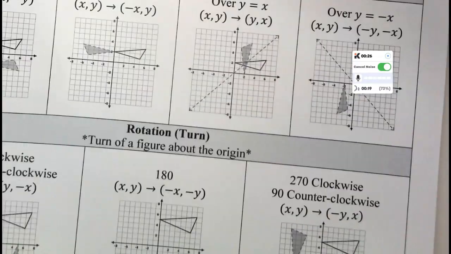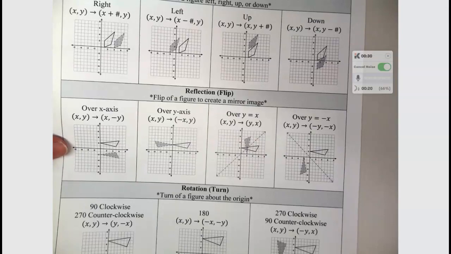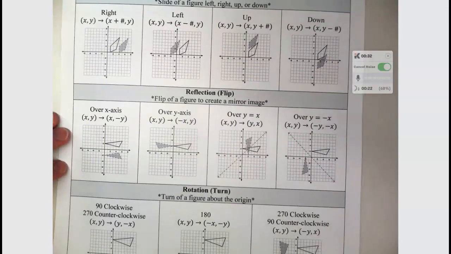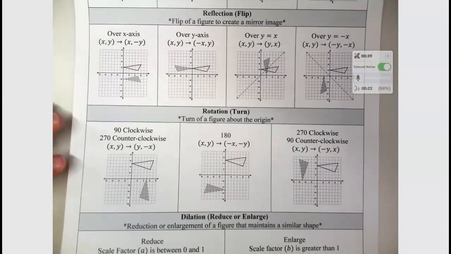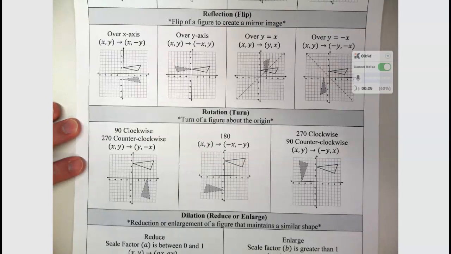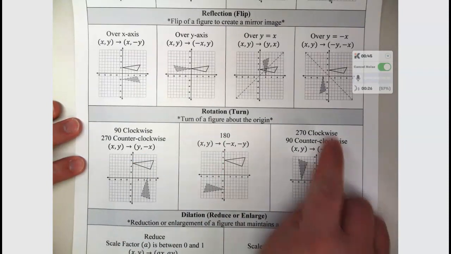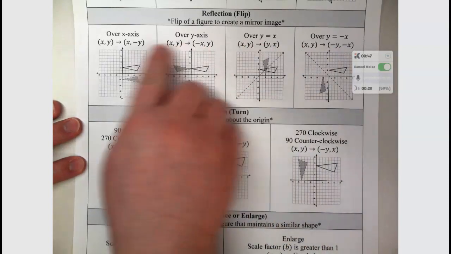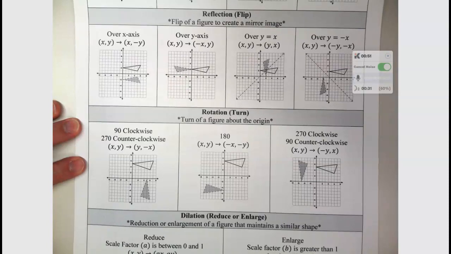So this is where you would want to go to your handy page and look at the rules for reflections and rotations. And depending on what it tells you to do, you will look at the notation and then perform whatever it tells you to. So let's go over an example of that.